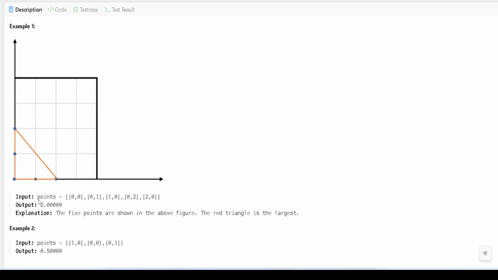So for example, if we talk about this example, let's name these values. Let's suppose you have been given 0, 0.